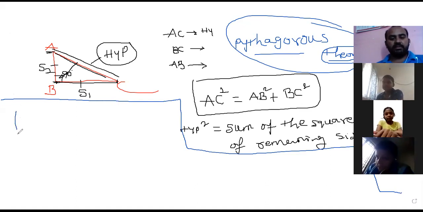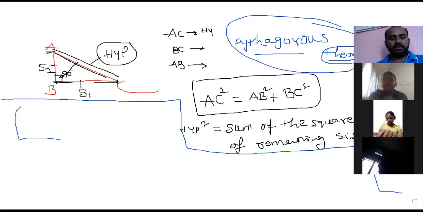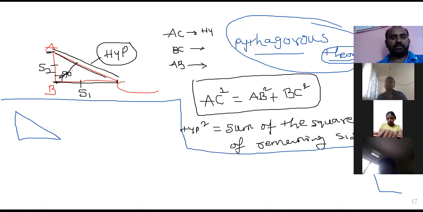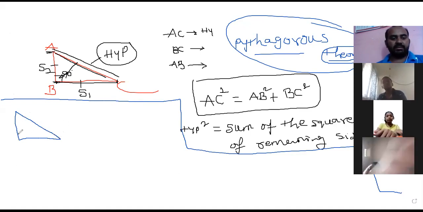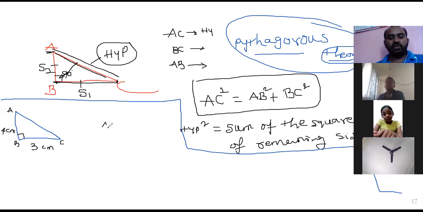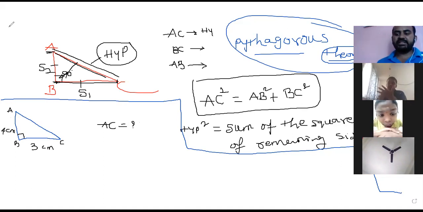They will give the figure of one right angle triangle with sides A, B, and C. The distance between B and C is 3 centimeters, and the distance between A and B is 4 centimeters. And they will ask what the distance between A and C is.